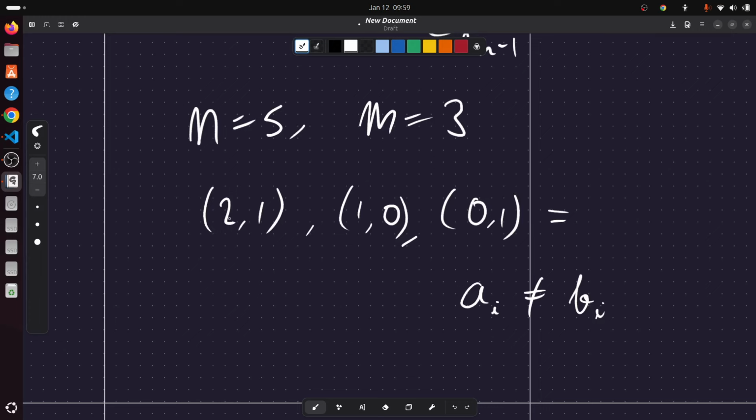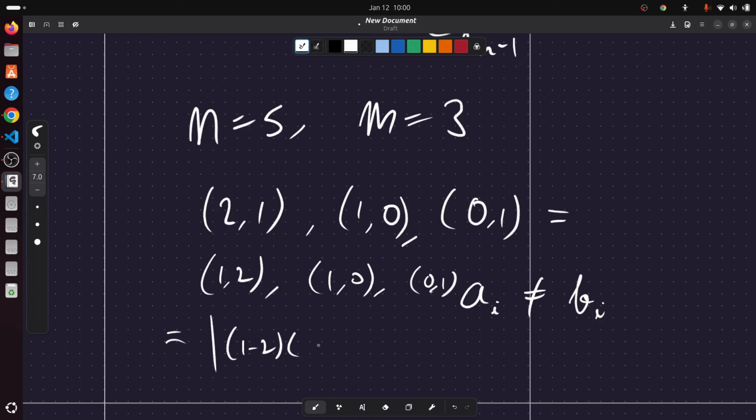But now let's say instead of 2 1, I have this 1 2, and the rest of these two I have the same. So in this case, what is the product? It is basically the absolute value of 1 minus 2 into 1 minus 0 into 0 minus 1. So minus 1 into 1 into minus 1, which is 1, right?